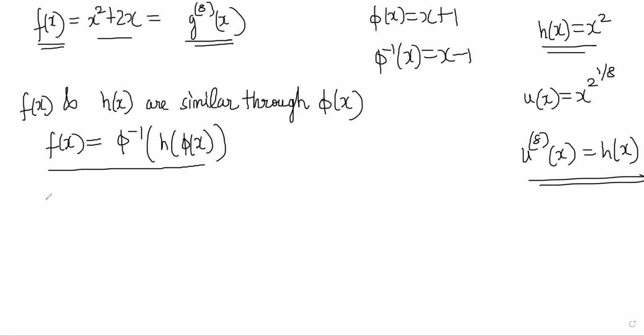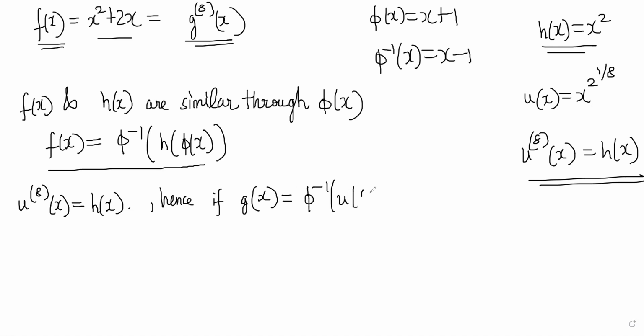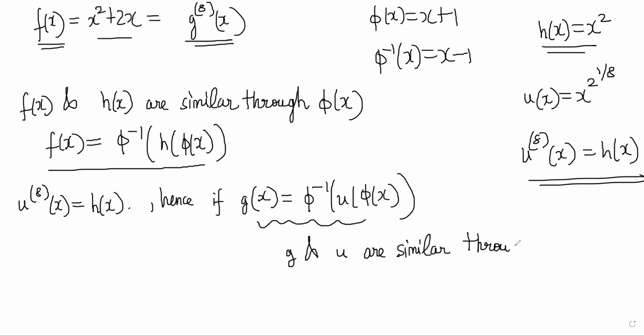Now, because we have u of 8 of x equal to h of x, hence, if our g function g of x is defined as phi inverse of u of phi of x, that would mean that g and u are similar also through phi of x. We have to find out g. g is unknown for us, right?